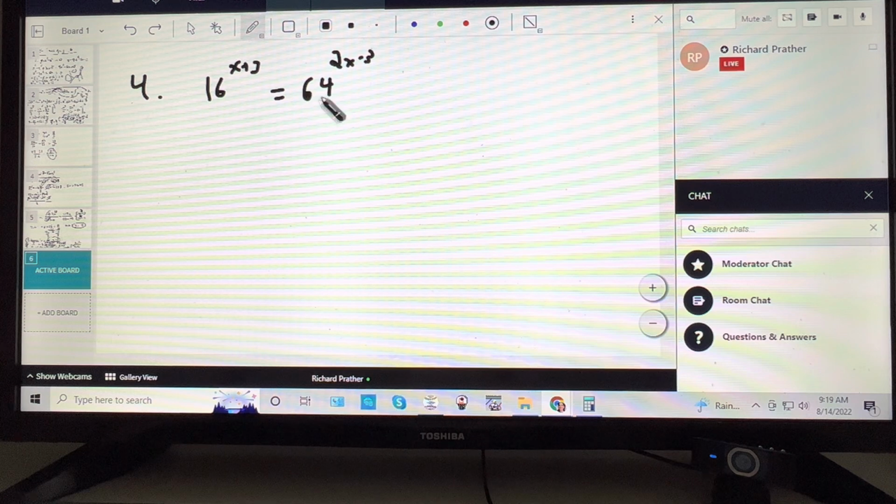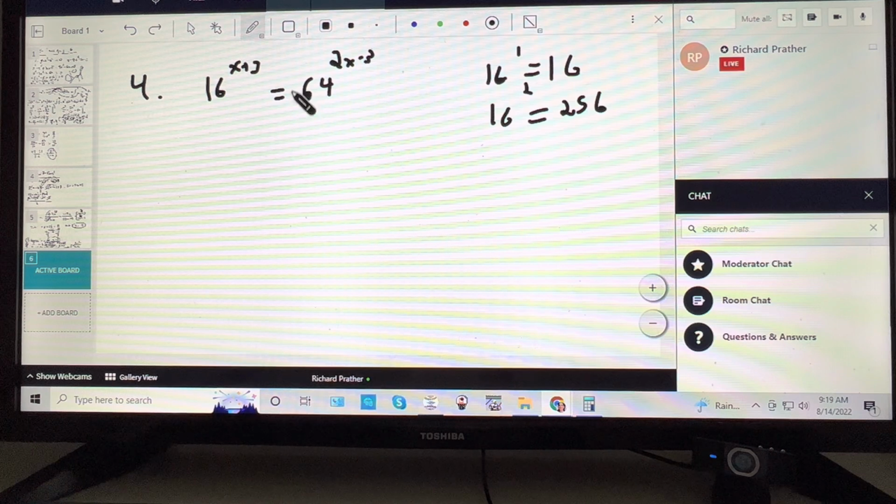So if there was a way to make 64 look like a 16, but 16 to the first is 16, and 16 squared is 256, which already bypassed 64. So that means I can't make the bigger one look like the smaller one.